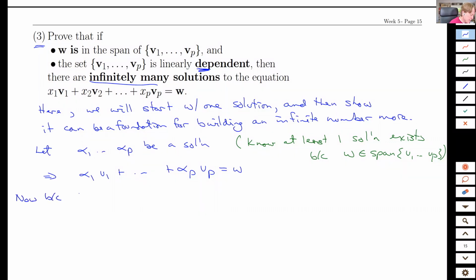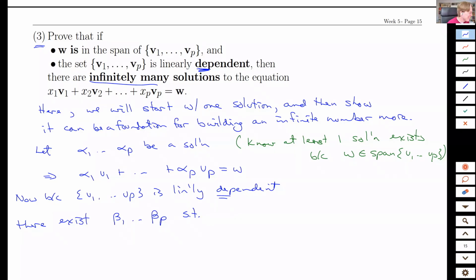Because the set v1 to vp is linearly dependent, there exist beta 1 to beta p such that, where ST just means such that, it's almost the same equation form, except for dependence and independence, the right-hand side is 0.